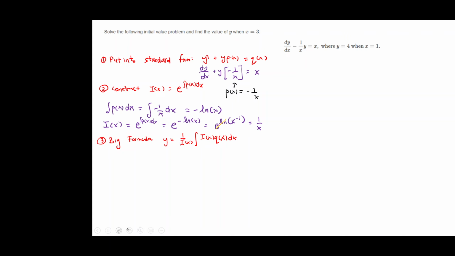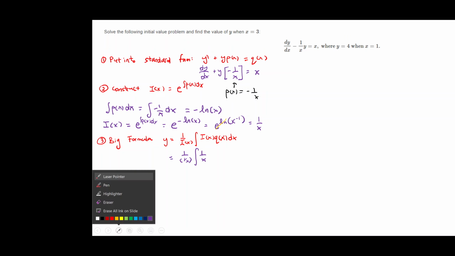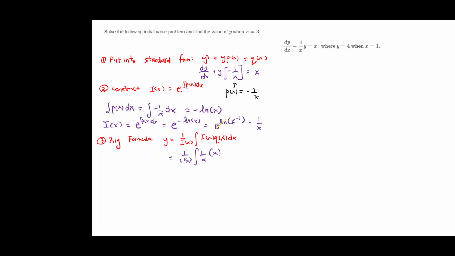Okay, so I'm just going to substitute everything in. I have 1 over x times the integral of 1 over x times q of x. Now what's q of x? Q of x, looking at our standard form, is just x. So 1 over x times x dx.